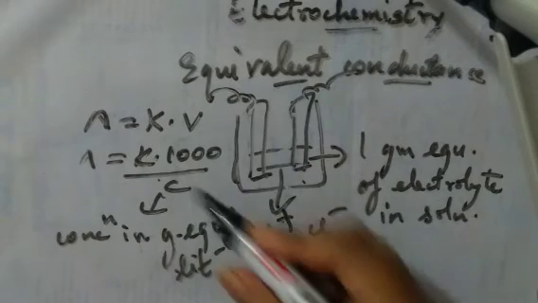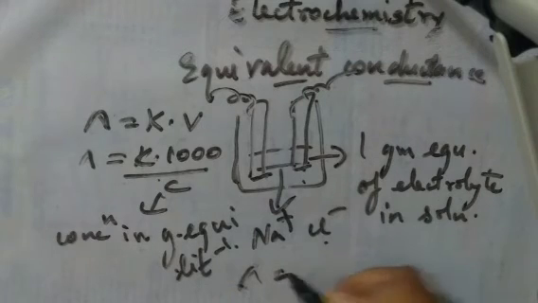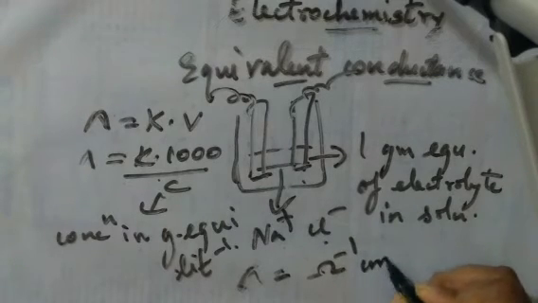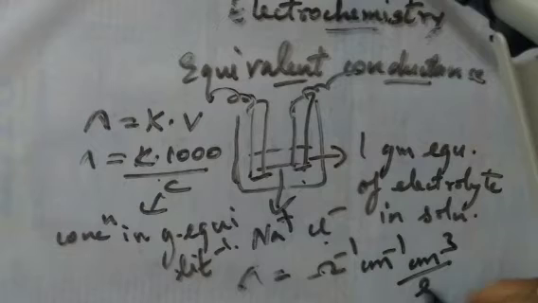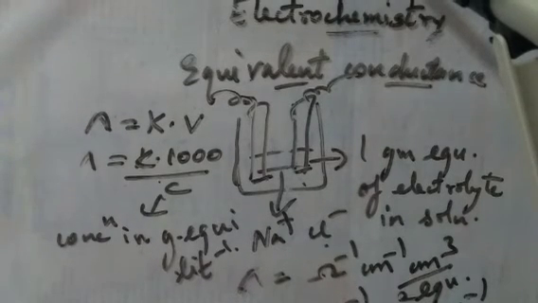The unit for equivalent conductance is ohm inverse centimeter cube per equivalent, because for specific conductance it is mho per centimeter and this is concentration in gram equivalent per liter. So we get mho centimeter square per equivalent. This is the unit for equivalent conductance.